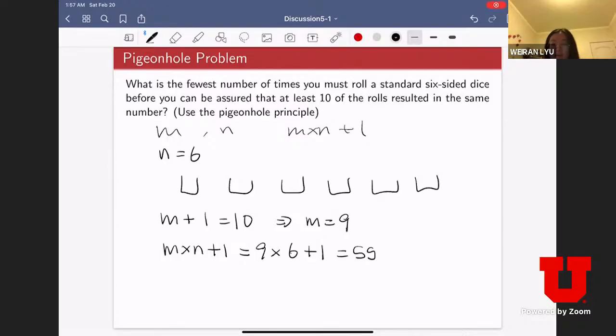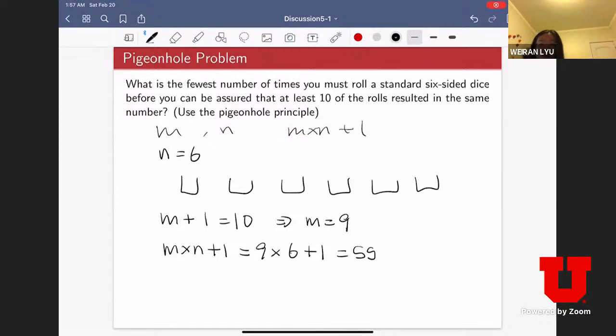So right here we have 6 boxes or 6 containers, where you can think about every time you roll a 1, you put an object in box 1.